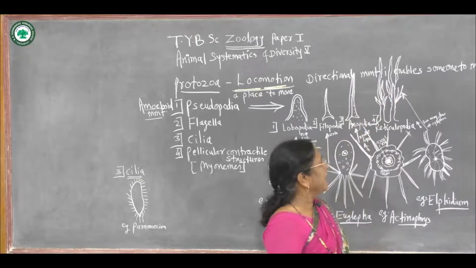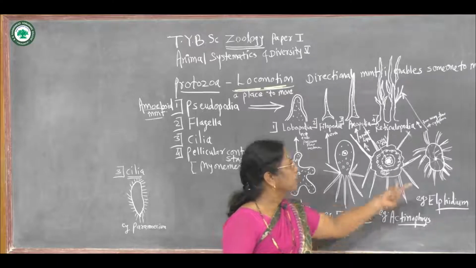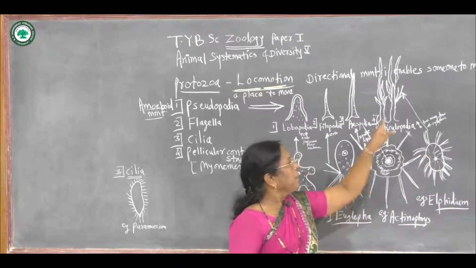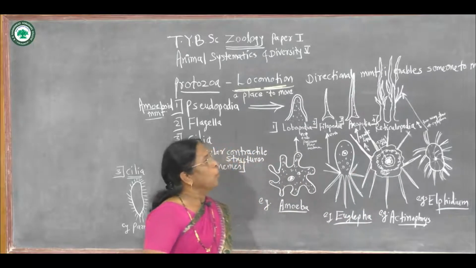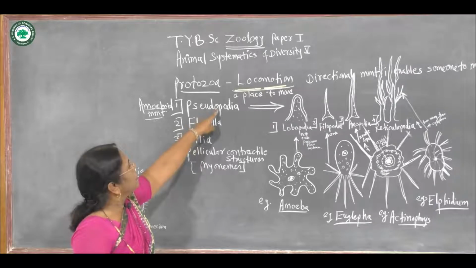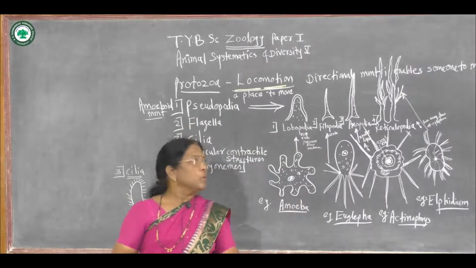They are elongated and show two-way flow of cytoplasm, from tip to bottom and from bottom to tip. Thus there are four types of pseudopodia found in these examples of protozoa.